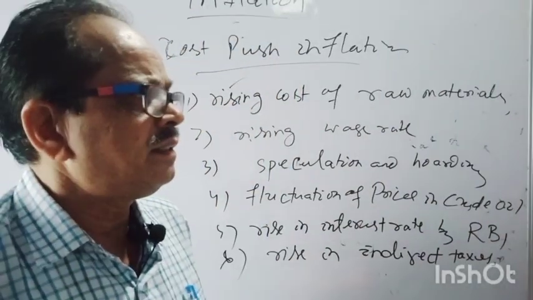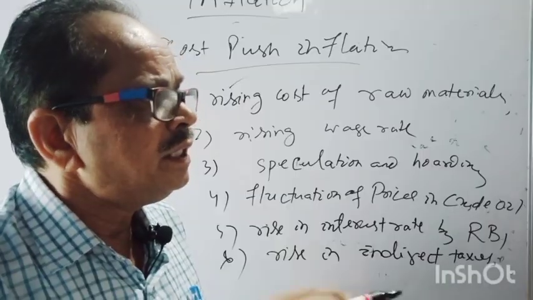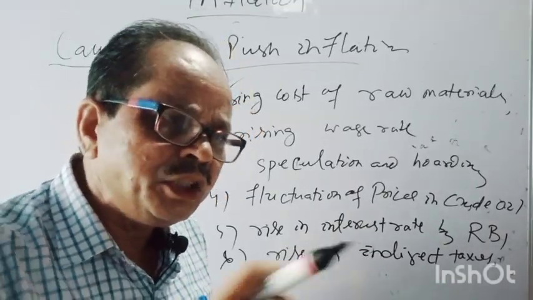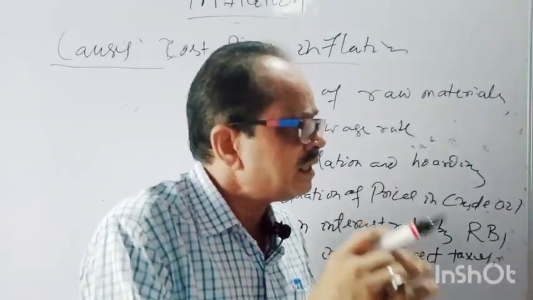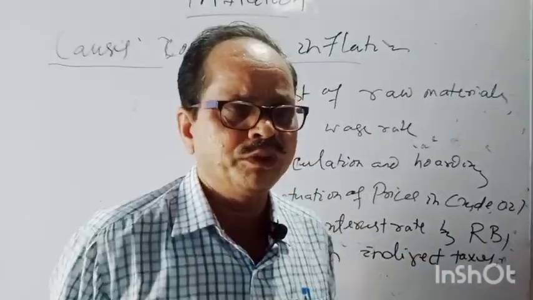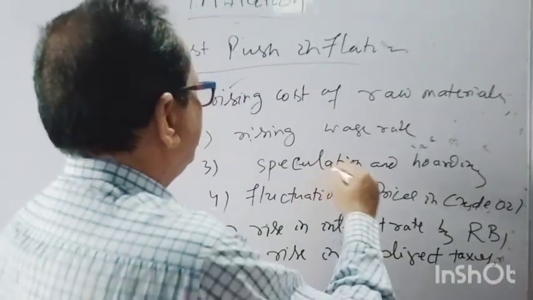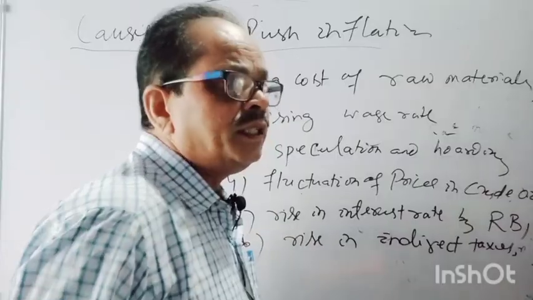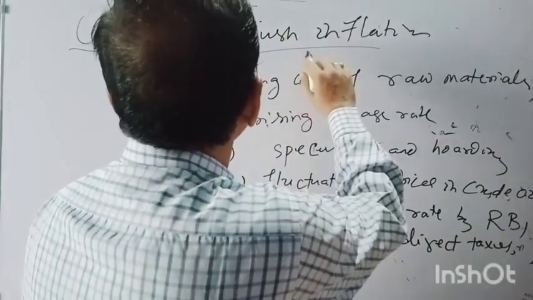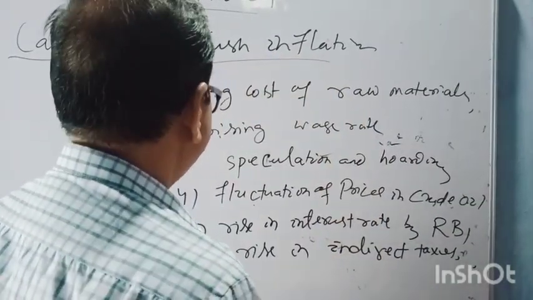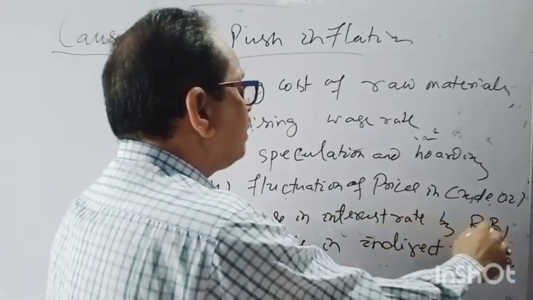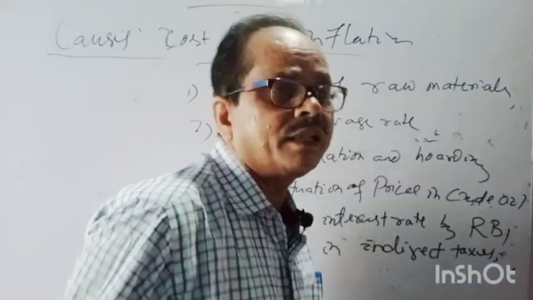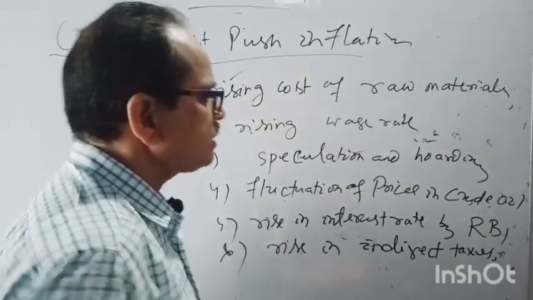They speculate that in future the price will rise more and more, so their tendency is to stock these essential commodities now in their warehouse. This is speculation and hoarding. Fluctuation of prices in crude oil is also an important cause of the rise in the price of essential commodities. Rise in interest rate by RBI and rise in indirect taxes are also causes. These are the causes of cost push inflation.